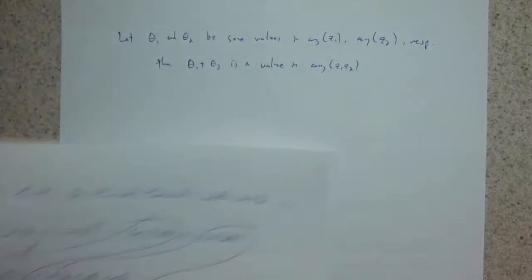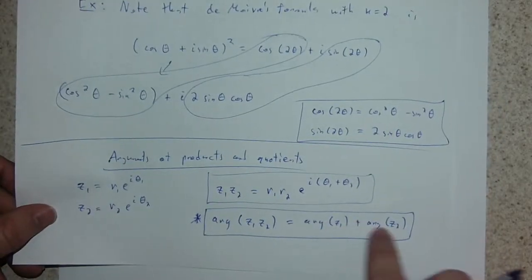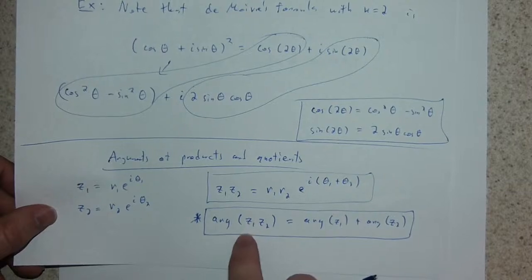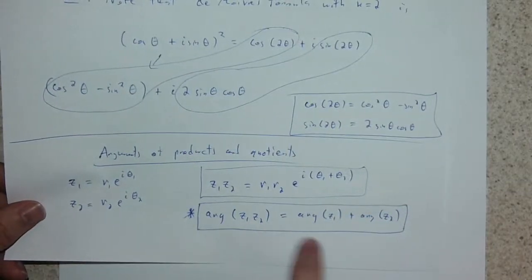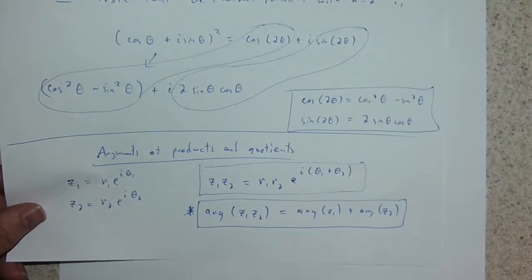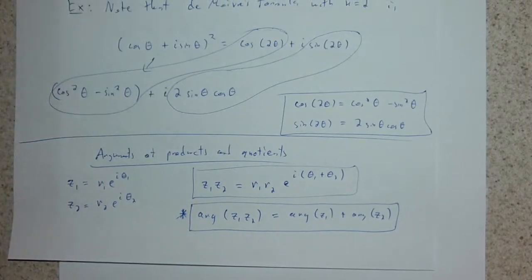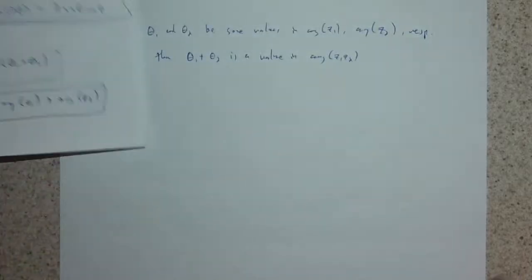If I am given these two, finding a value in the third is easy. It's just the sum. How would I do that if I was given, say, the product and argument of, say, z sub 1 here?